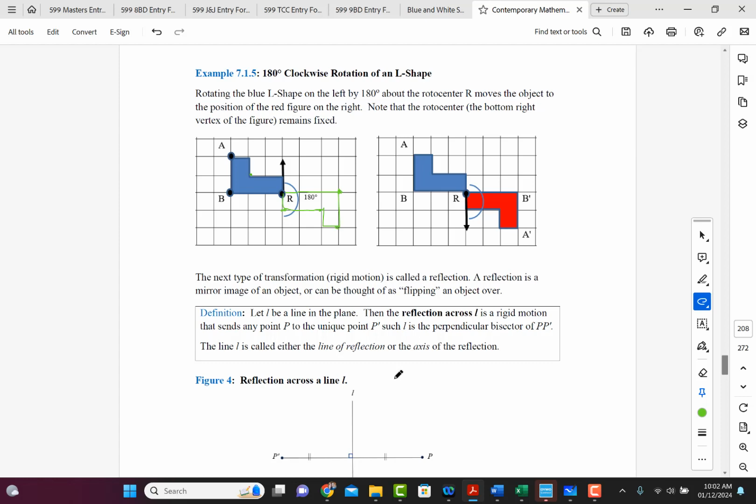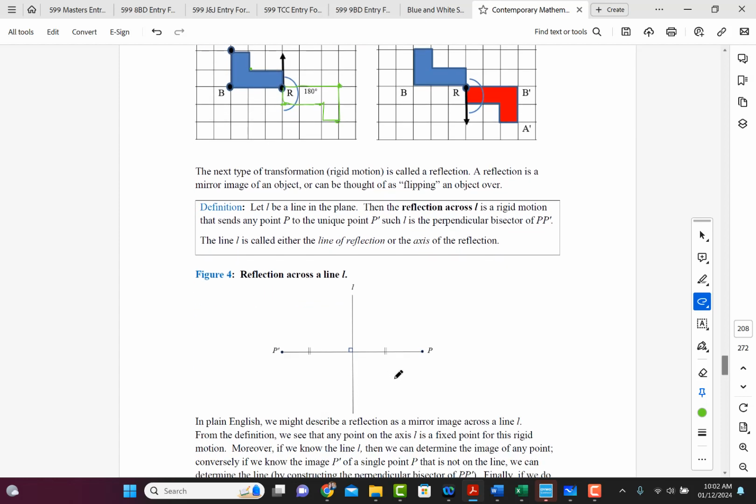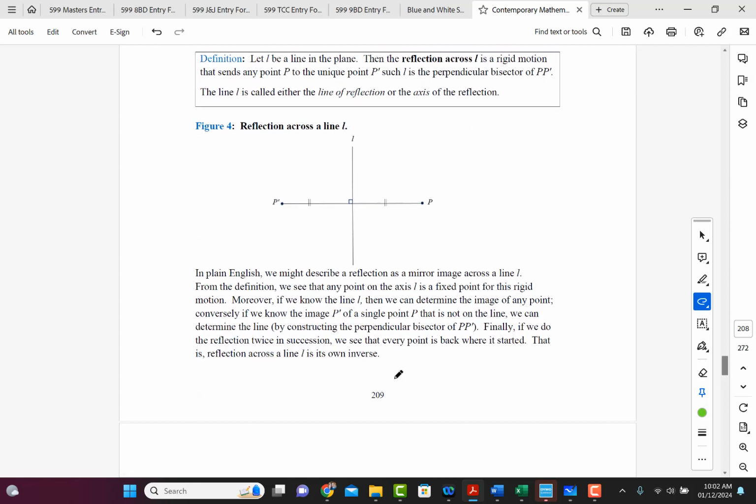Okay, so let's look at this and put some teeth to it. If we have a reflection across line L, so here's line L, and we reflect P to P prime, then the line segment that connects P and P prime would be congruent on both sides.